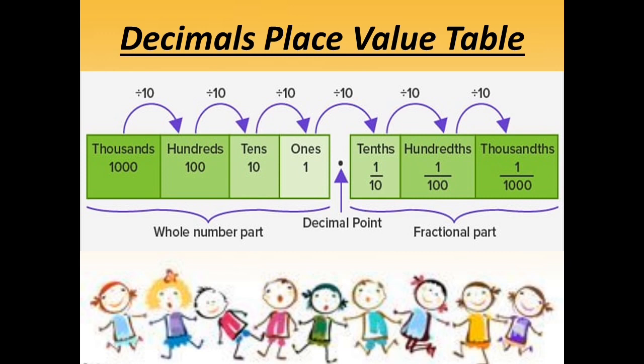And in the whole number part, from the right, 4 places forms the ones, tens, hundreds and thousands period, and in the decimal part, from the left, 3 places forms the tens, hundreds and thousands period. Hopefully it is clear to you.